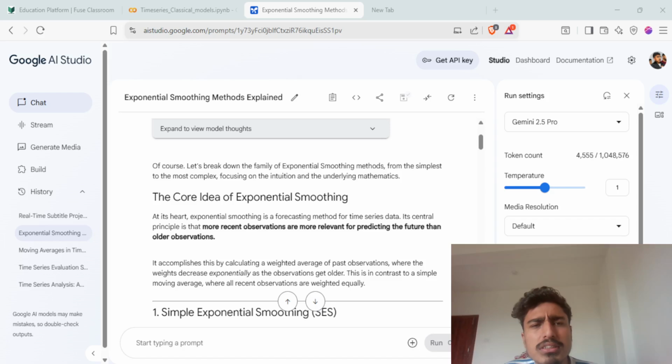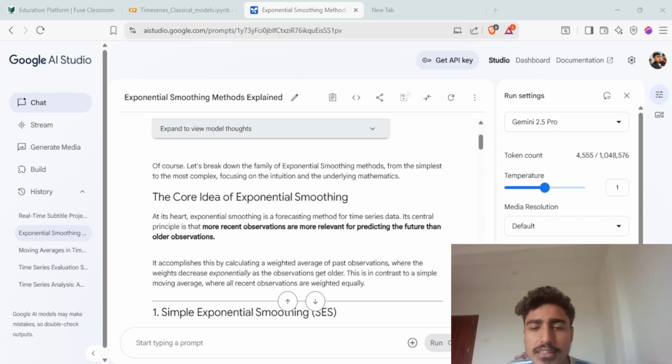That is the core principle of a weighted average: it provides weights to the different observations based on their time. The same thing works in exponential smoothing also.